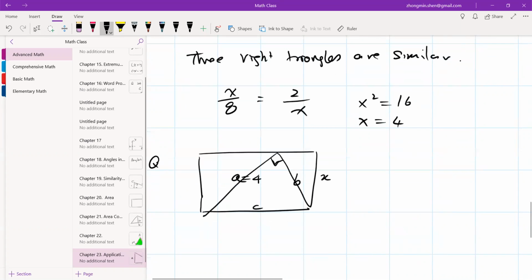I just assume that this is a 4, that's a 3, that's a 5, okay? No, that's not a good problem. Yeah, I want you to find the x. Yeah, find x.